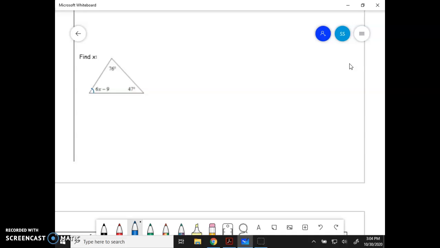If we know that the interior angles of a triangle add up to 180, then all we need to do is set up an equation where 76 plus 47 plus 6x minus 9, all those angles have to add up to 180. Set up that equation and solve.